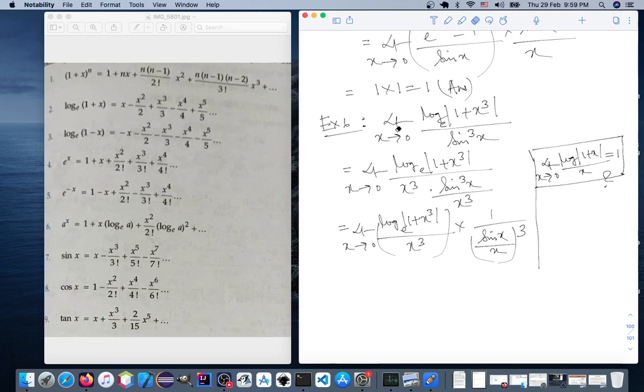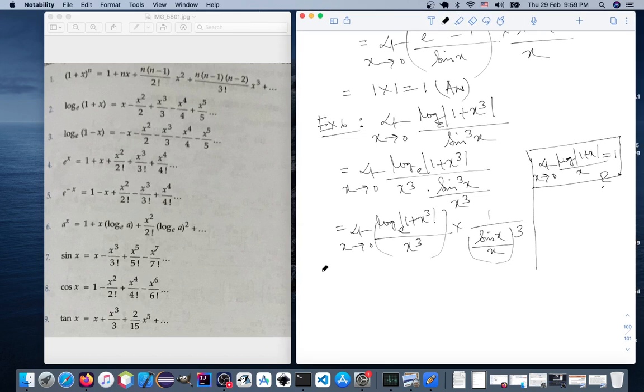So when x is tending to 0, 1 plus x cube is definitely greater than 1. So we can easily remove the mod. We can say that there is no need of the mod. We can open the mod like this.